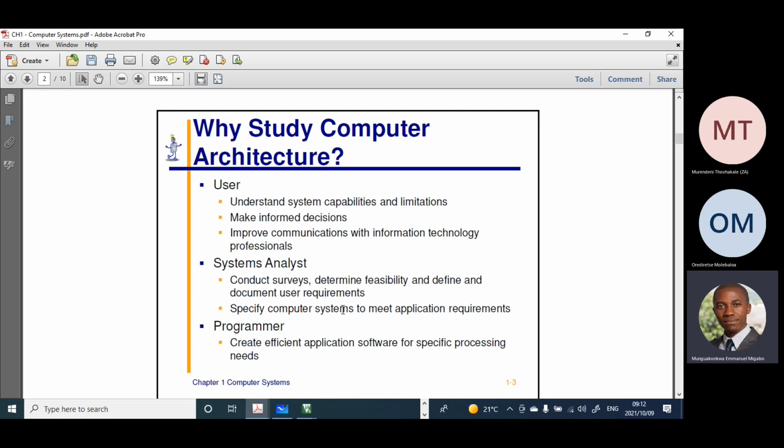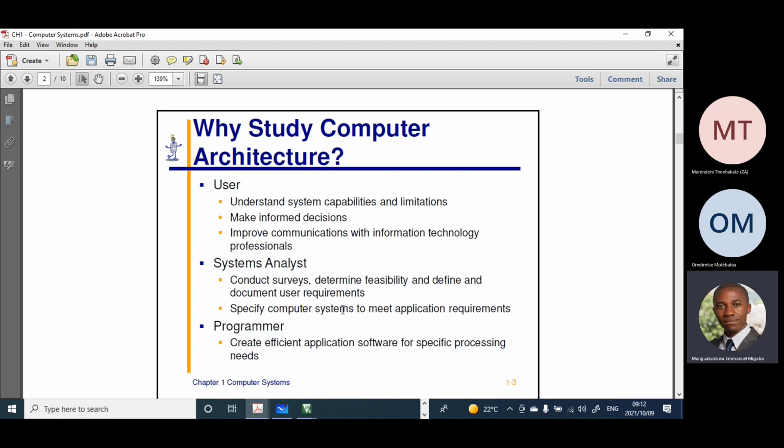It also helps the user improve communication with information technology professionals, in the sense that a user who might not be IT personnel, if they understand the computer architecture, can engage better with their IT support. The third bullet is more oriented towards support.